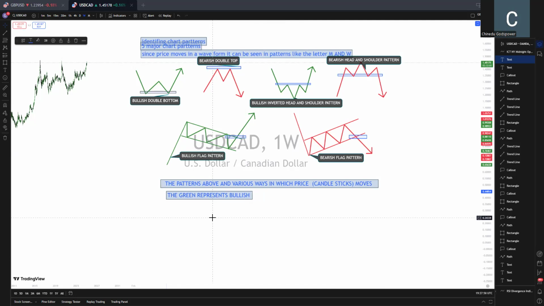Bullish brackets. Long slash buy moves in the assets.